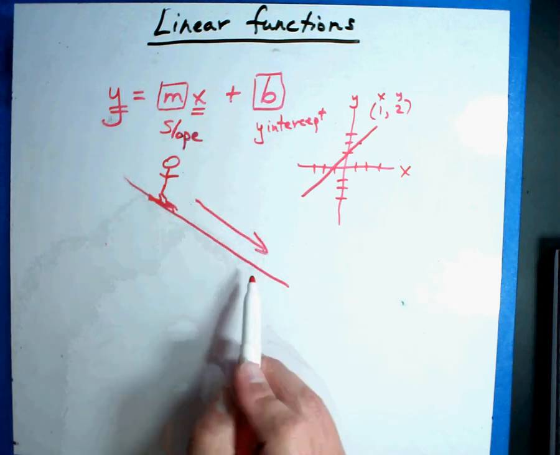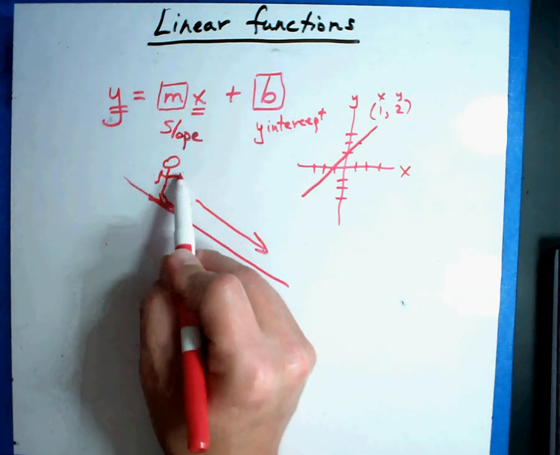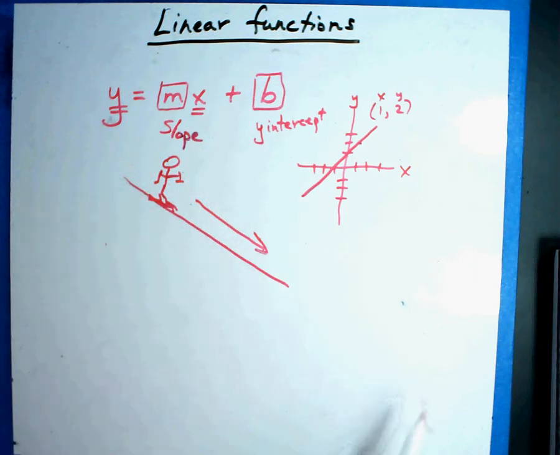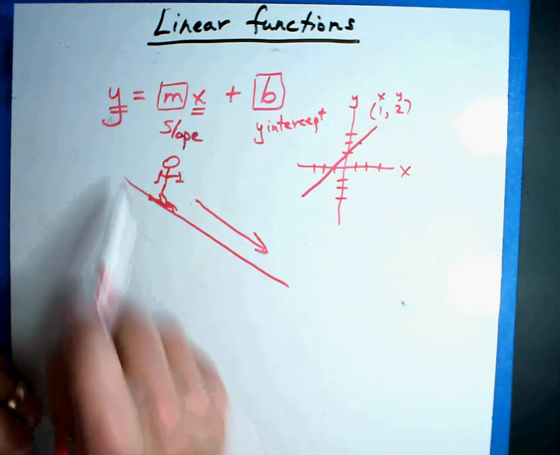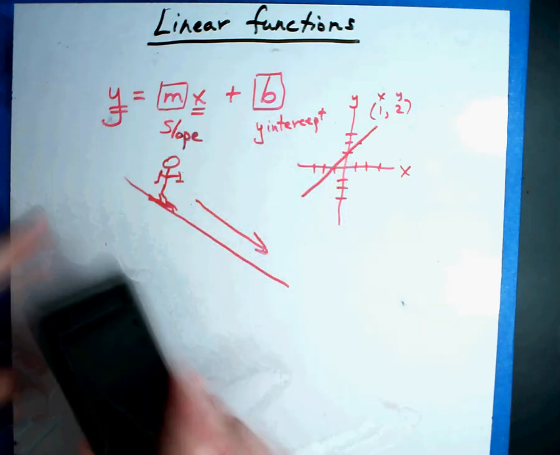The steeper it is, the faster I'm going to go. There's my ski poles, and I'm ready to get after it, but I'm not a very good artist. But the slope is how fast it's going to be going. So every line is going to have some kind of slope, and then where does it run into the y? That's what those parts mean.